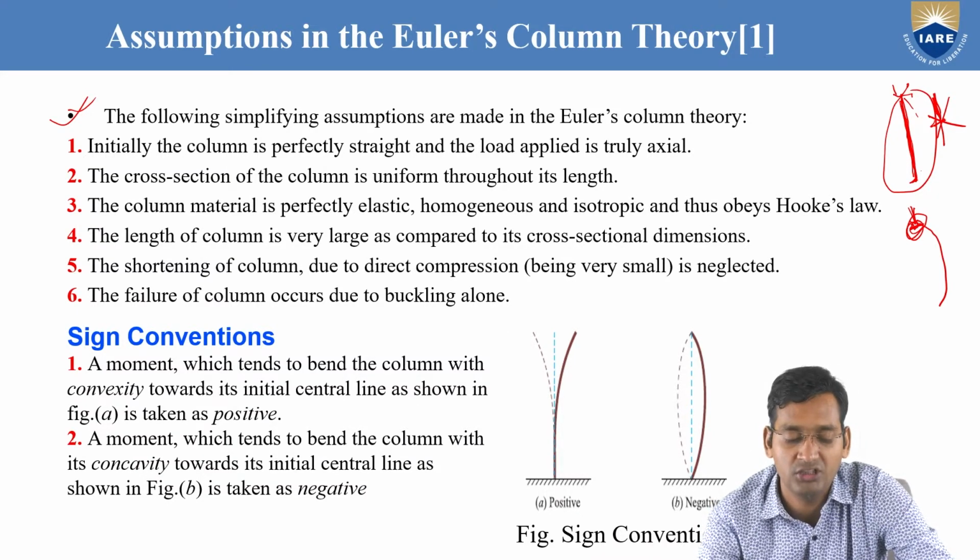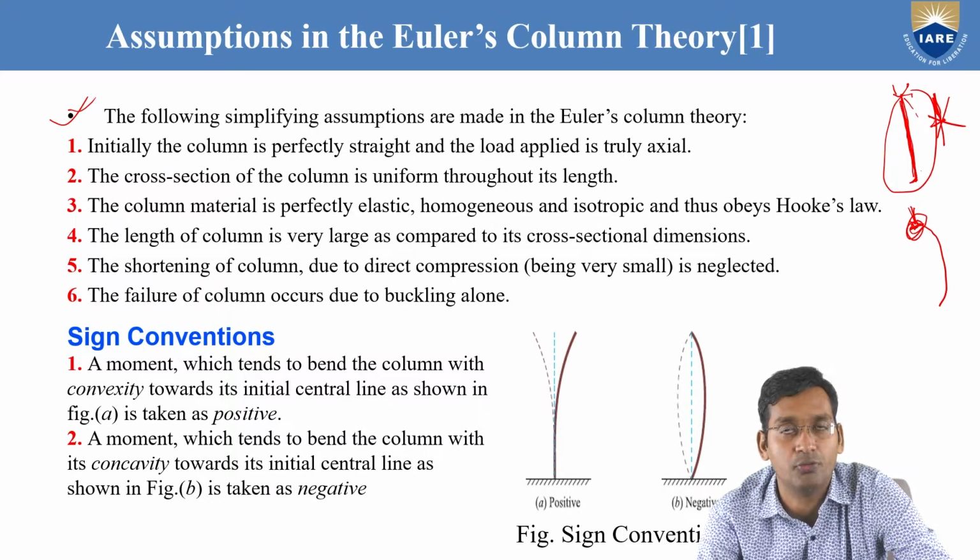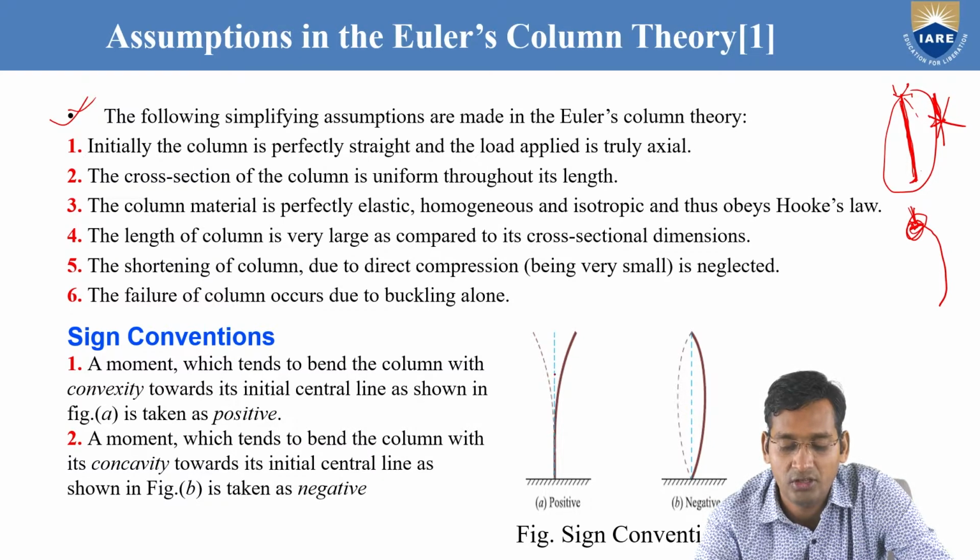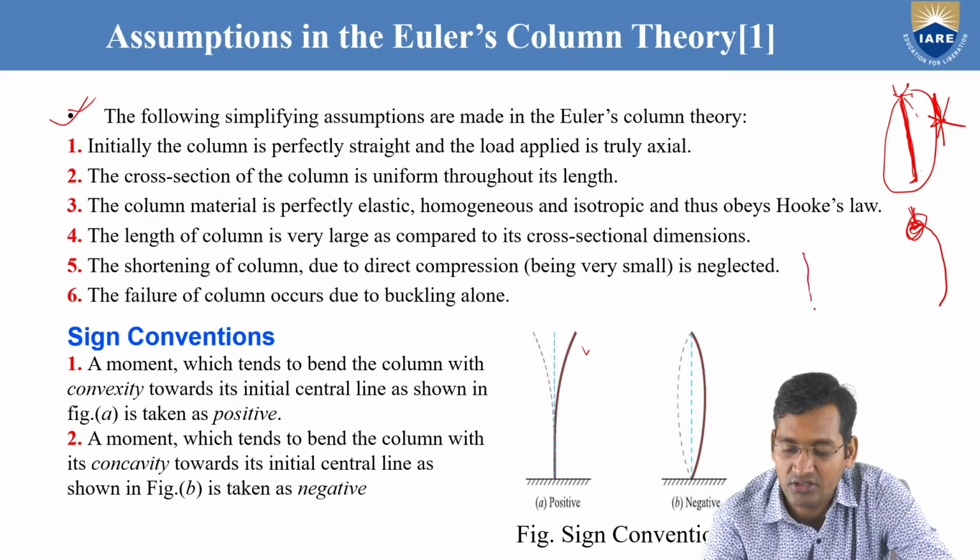Okay, then he also assumed some sign convention. So what is the first sign convention? A moment which tends to bend the column with convexity towards its initial center line, as shown in the figure, we can say is positive. If this is the initial line and it's bending like this, then it is positive.